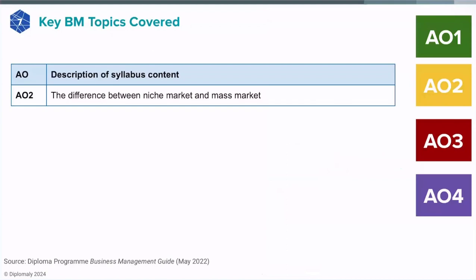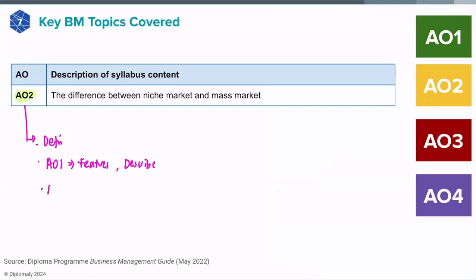The key syllabus content that we will look at in this video include the difference between niche market and mass market. And this syllabus content area is tested at the AO2 level, meaning that you can expect questions that range from both definition questions, simple AO1 questions that look at the features, or describing, the importance or reasons or role, any of those types of questions.